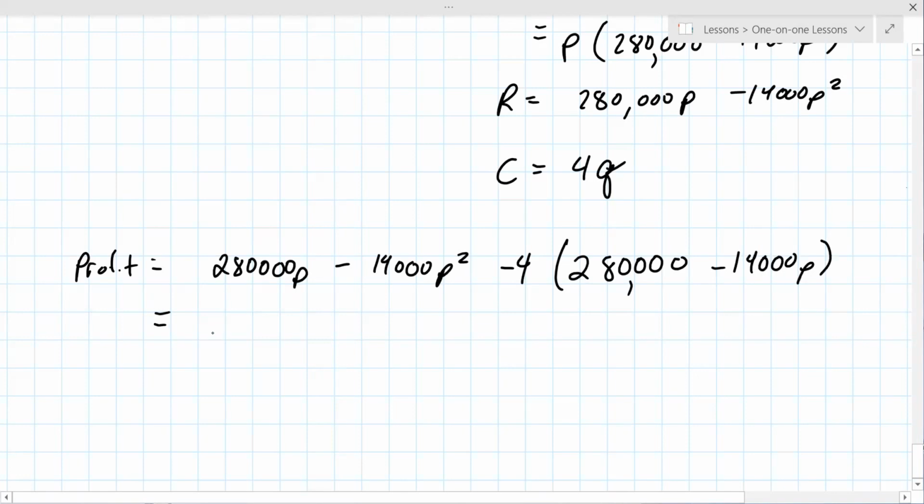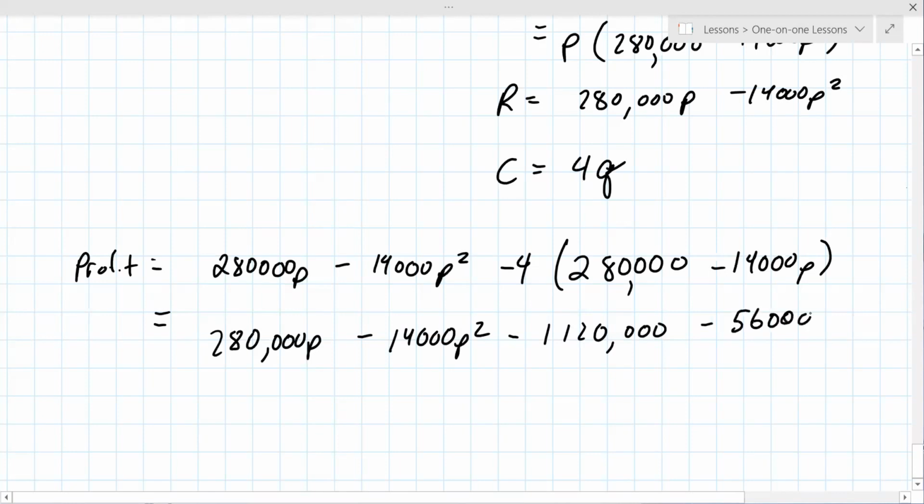So let me just rewrite it: 280,000 P minus 14,000 P squared minus 4 times the quantity, which is 1,120,000 minus 56,000 P. Okay, so now we're going to take a derivative of this.